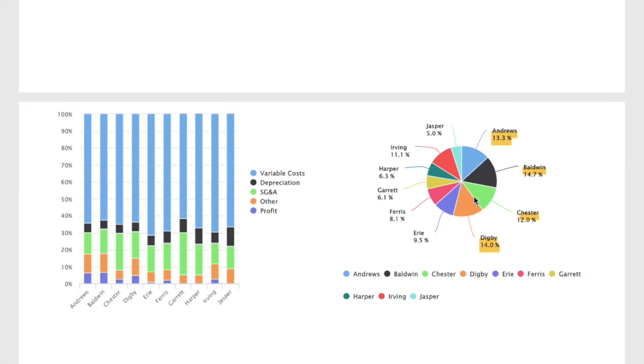These 4 teams are dominating more than half of the pie. So the rest of the teams, Team Ari, Ferris, Garrett, Hopper, and Irving, you need to focus more on sales so that you can dominate the market.